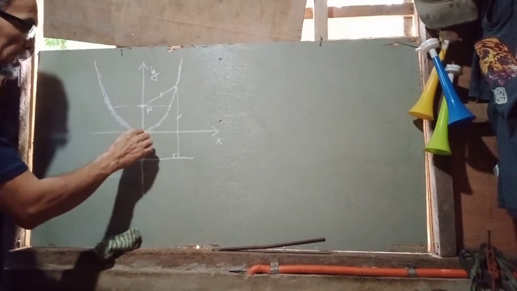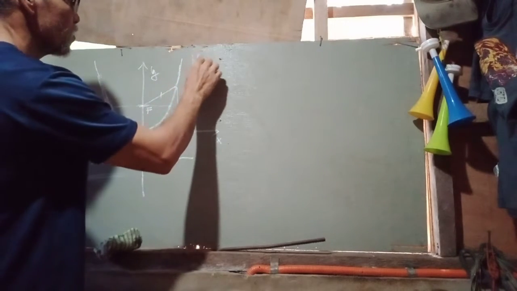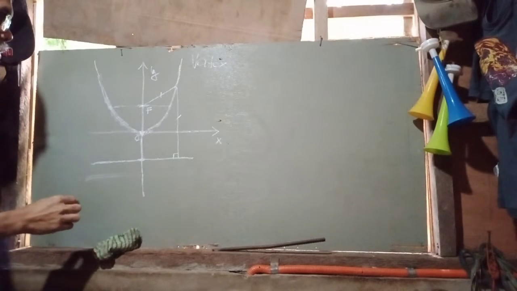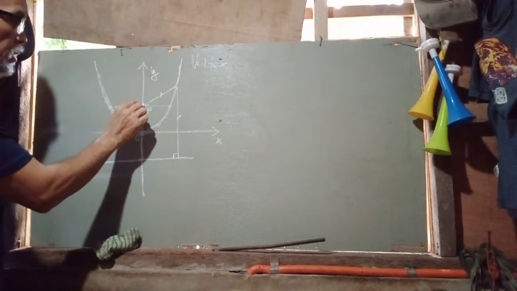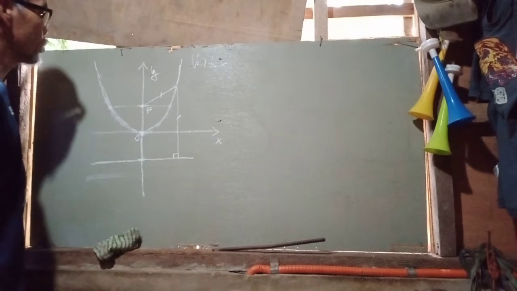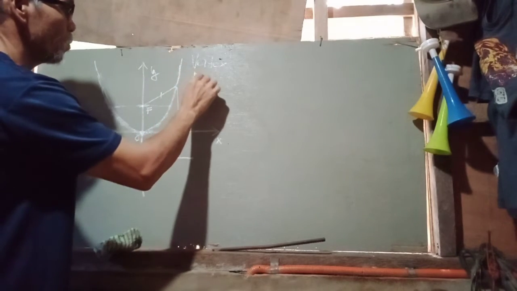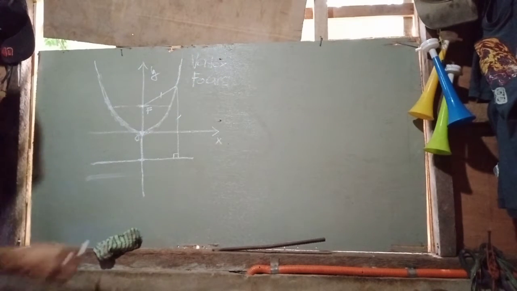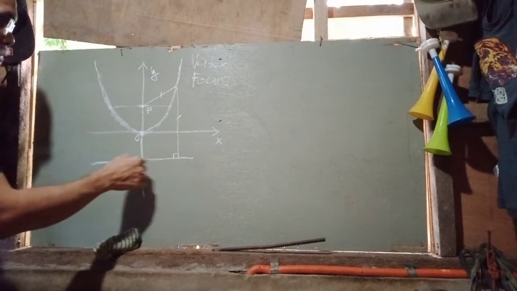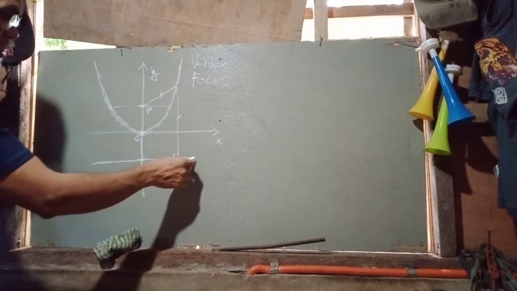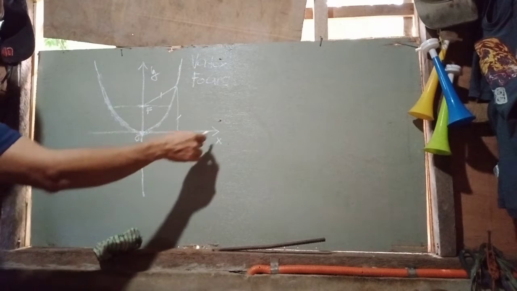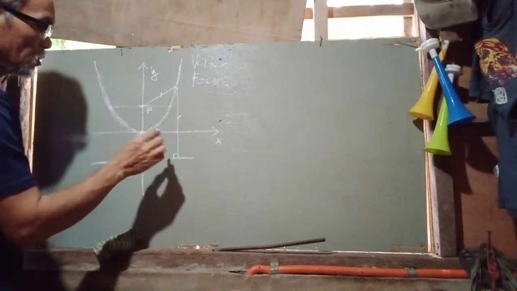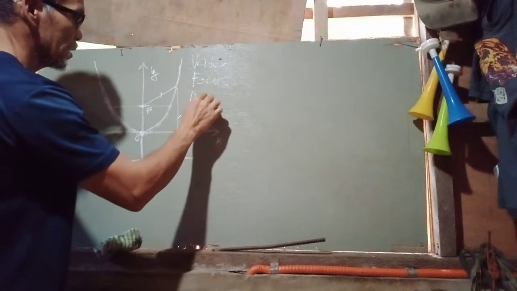This one here is the vertex. This point here is what we call the focus. And this line here, at the back of the parabola, which is parallel to the x-axis, is called the directrix.